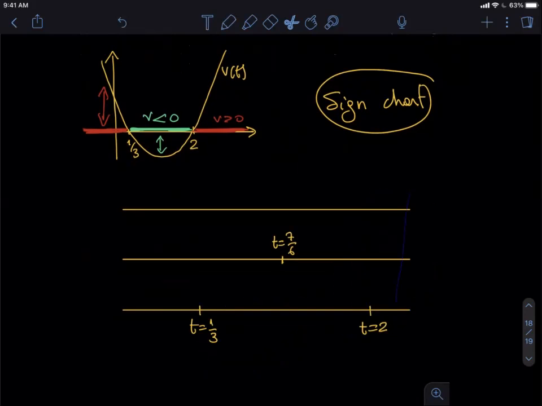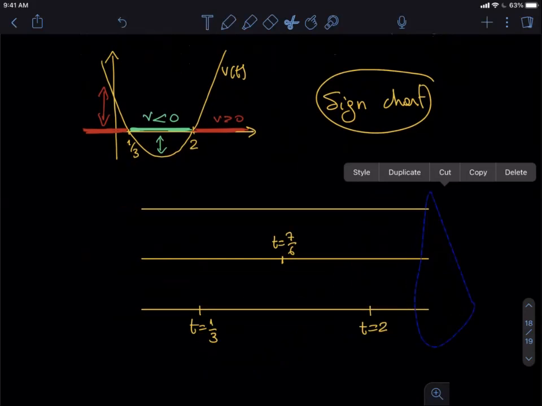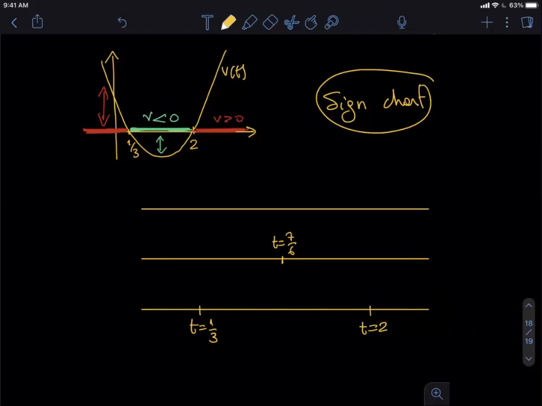All right. Better like that. And now we just transport those values to all the lines, and let's see what happens. So before t equal 1/3 and after t equal 2, we know that v is positive.